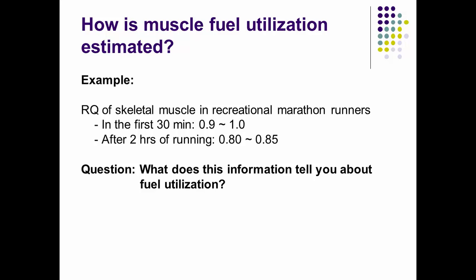They started to utilize more fat for energy and less carbohydrate compared to the initial 30 minutes, right? So just understand how RQ is calculated and what RQ values mean. It helps you to evaluate or estimate the fuel utilization in skeletal muscle during exercise.